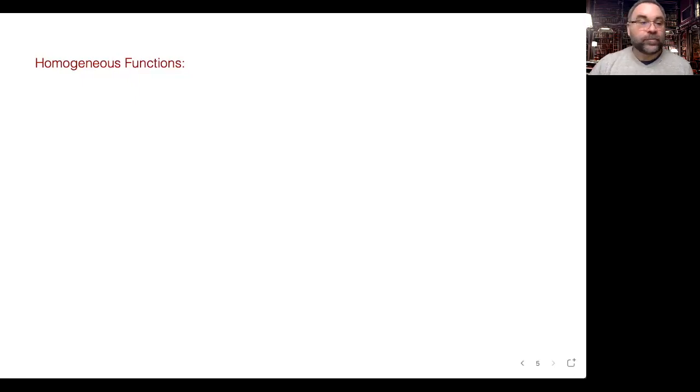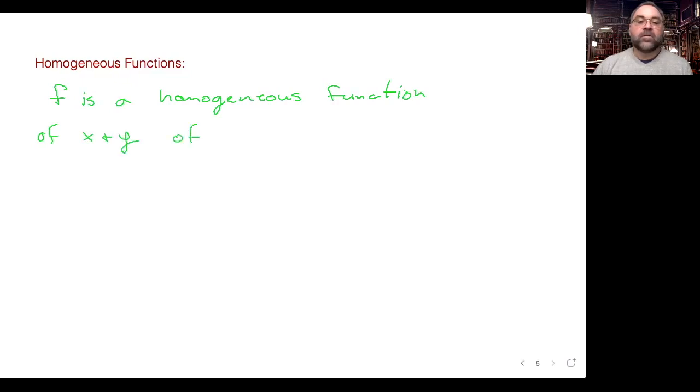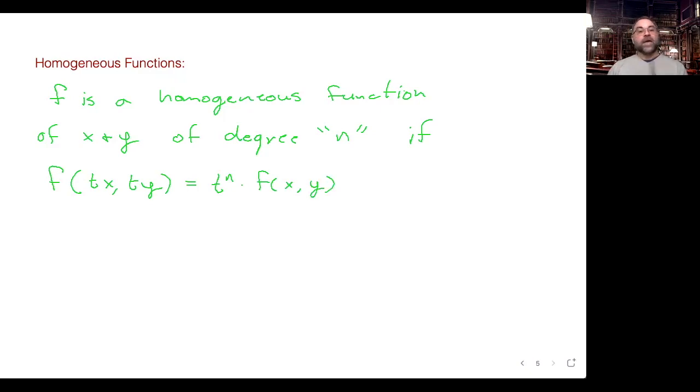This is going to be a function of two variables, f of x and y, and it is a homogeneous function of degree n if f of t times x, t times y is equal to t to the n times f of x, y. All right, so that's what we mean by homogeneous function.